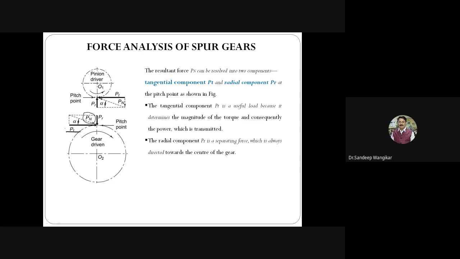Now you can rewrite that, taking the 2 to the other side, as PT is equal to twice MT divided by D. If you are calculating this for the pinion, you use DP, where the suffix P means it is for the pinion. So PT is equal to twice MT divided by D. Now, the relation between PR and PT.